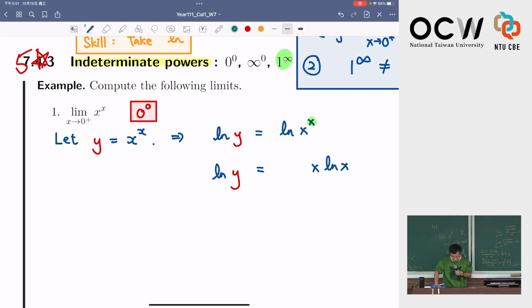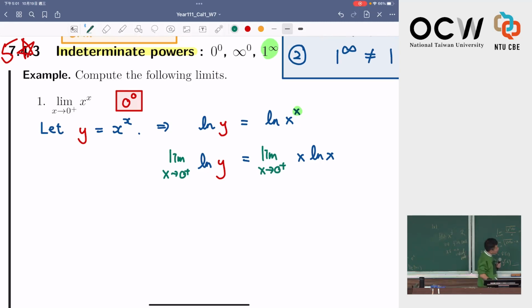But what we are interested in is not y, but the limit as x goes to 0 plus. So let me take limit on both sides. But the point is, now the right-hand side becomes something a lot more manageable. In particular, using the trick that we learned just now, whenever you have x times a logarithm, that is the so-called 0 times infinity form, you rewrite it as a fraction, and bear in mind that you keep the logarithm at the top.